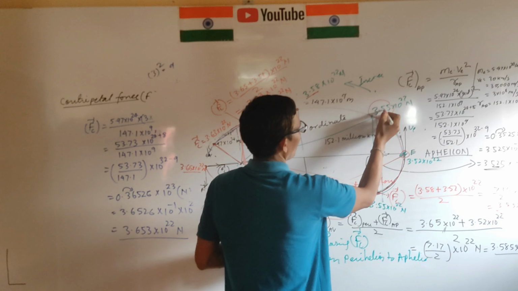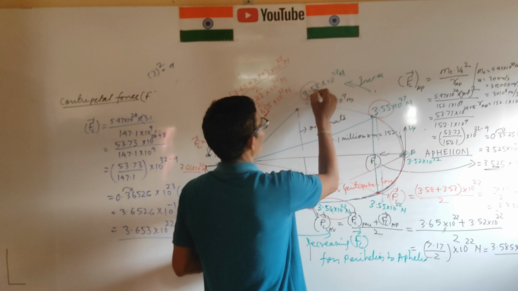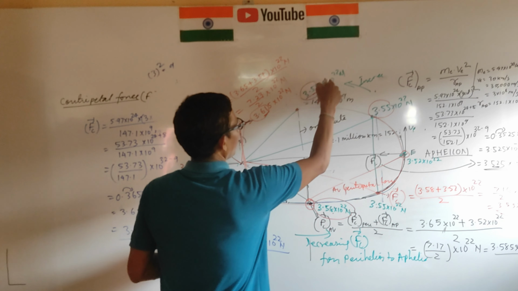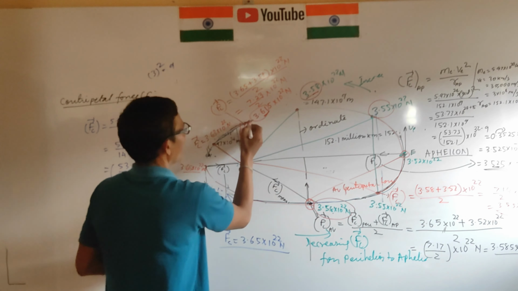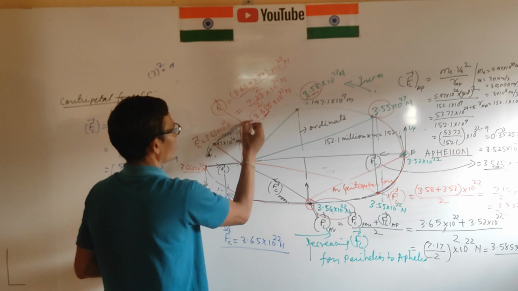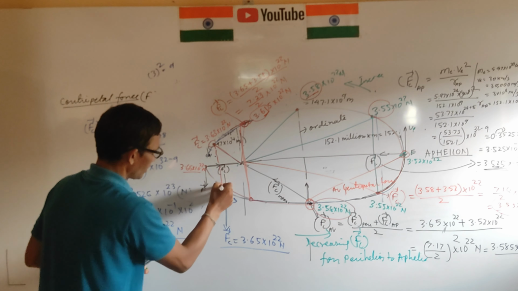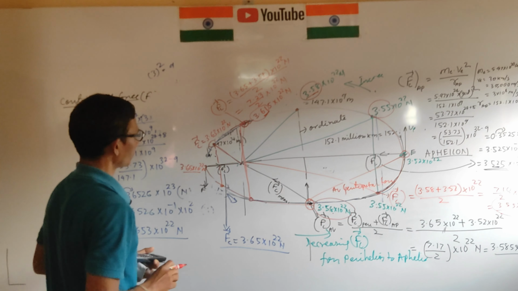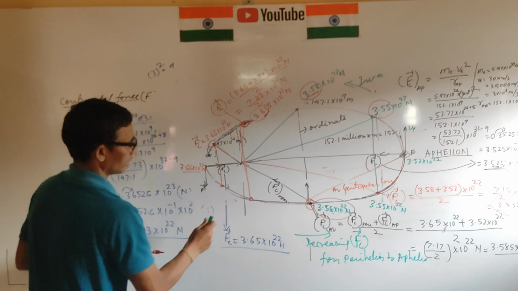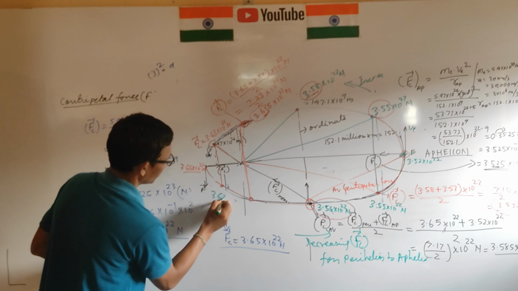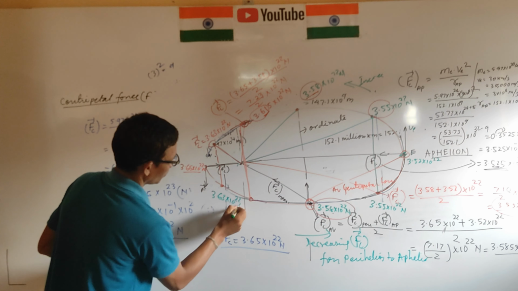Here is 3.58, here is 3.55, then 3.55 into 10 to the power 22 newtons. Here is 3.51, and here is 3.6. Here also 3.63 into 10 to the power 22 Newton.